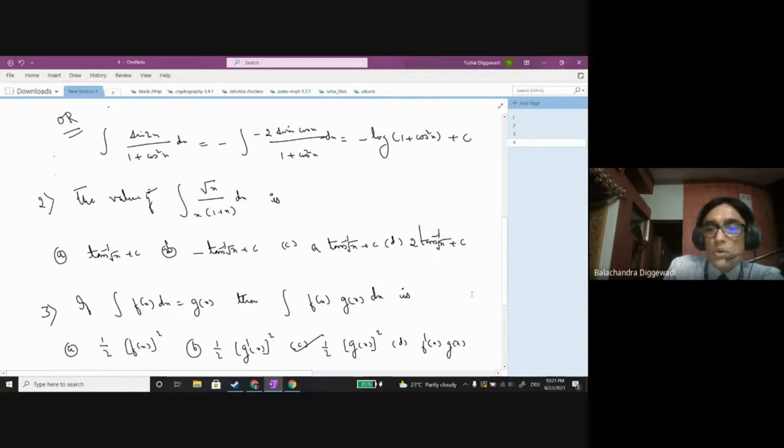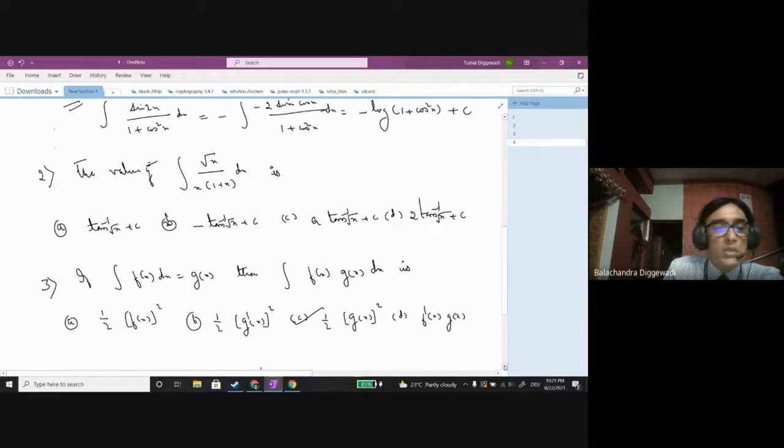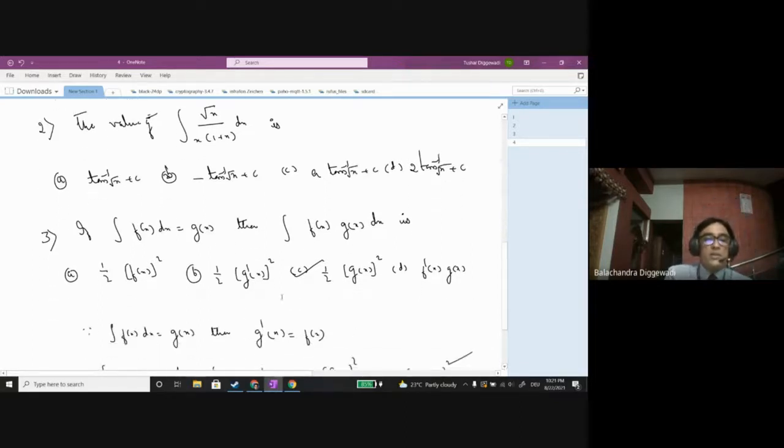Now the next one is a very interesting example. If you have the integral of some function f equal to a new function g, then the question is asked in this type. Integration and differentiation are converse to each other, therefore I'll write g dash of x is equal to f of x. According to the given data, f of x equals g dash of x.